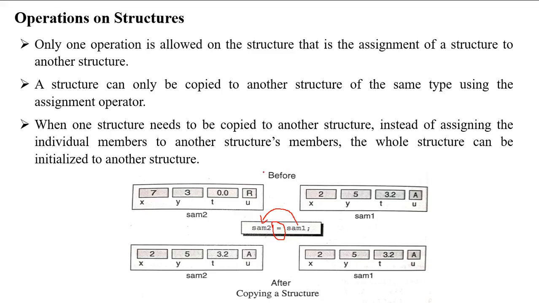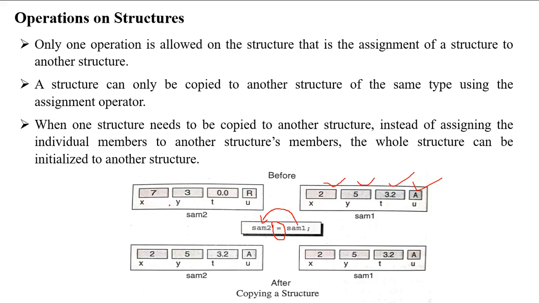As you can see, before the assignment, SAM1 is holding 2, 5, 3.2, 8, the same structure I declared in my previous example. X is of type integer, Y is of type integer, T is of type float, and U is of type character. So I have initialized 2, 5, 3.2 and 8.